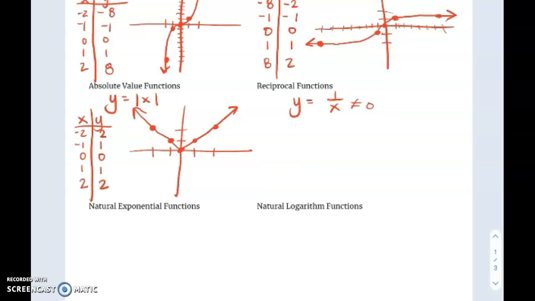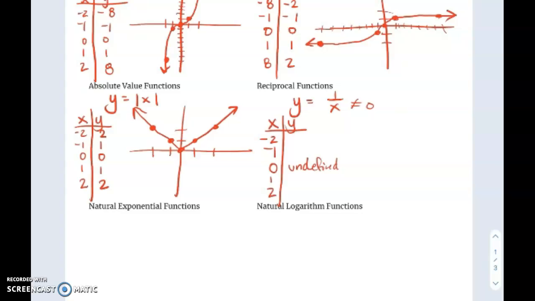So that means we can plug in negatives, we can plug in positives, but we cannot plug in 0. It's only restricted to 0. So let's plug in -2, -1, 0 is undefined. And then let's plug in +1 and +2.